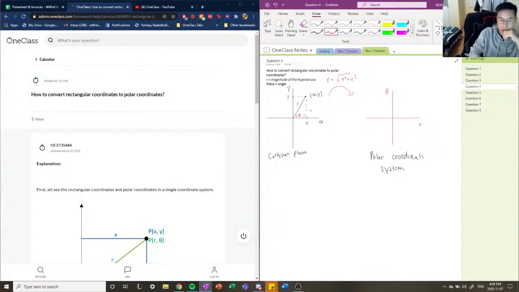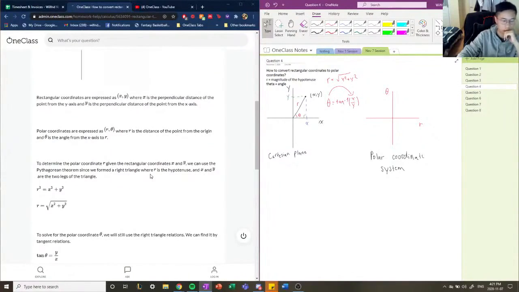What about the angle, right? What about this angle? If you remember your sine, cosine, and tangent, SOHCAHTOA, so sine is opposite over hypotenuse, cosine is adjacent over hypotenuse, and tangent is opposite over adjacent. So we're given the opposite, which is y, and adjacent, which is x.